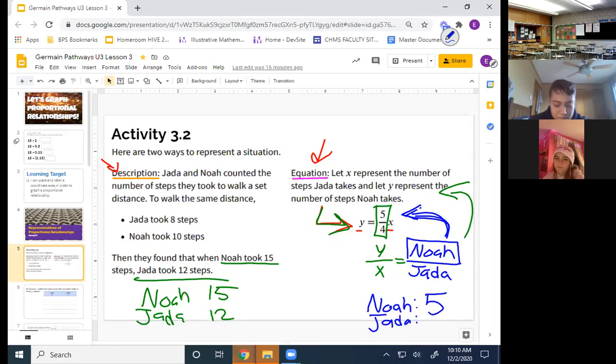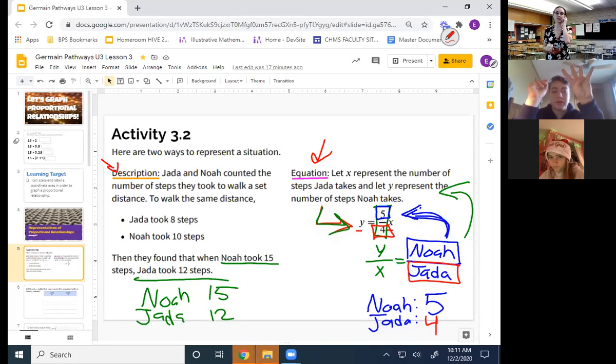The numerator represents Noah, the denominator represents Jada. How many steps did Jada take? 4. Nice job. So when Noah took 5 steps, how many steps did Jada take? She took 4 steps, okay?